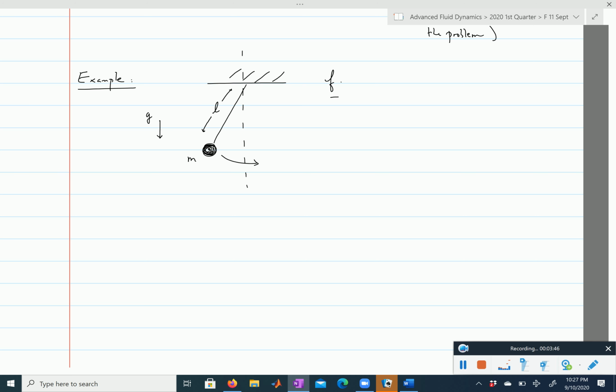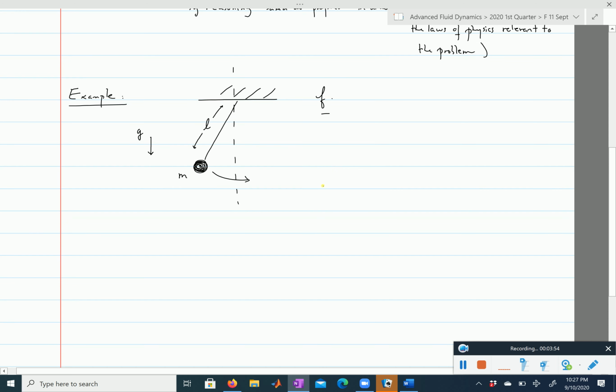The physical principle governing the oscillation of the pendulum is Newton's second law. So in Newton's second law, we would have the mass of the pendulum times the acceleration of the pendulum, and that would be equal to the gravitational force somehow, which is what drives the system. Right? So we would have a law that looks like this.